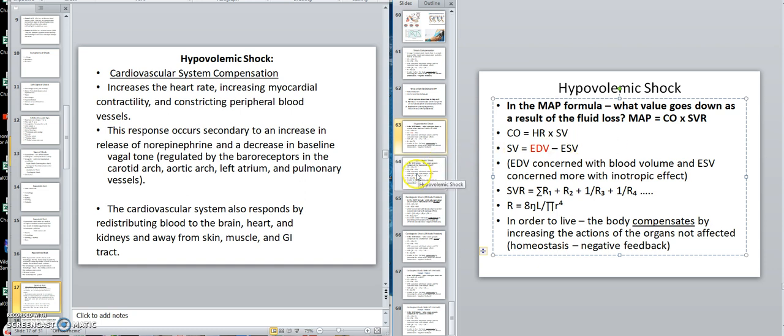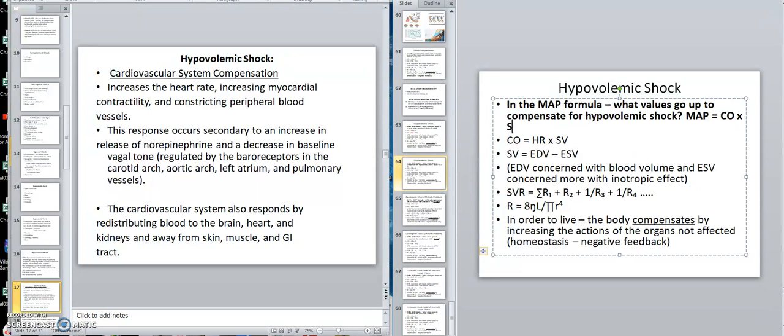Now we come here. Go to the next one. In the MAP formula, what values go up to compensate? Remember the MAP formula: MAP equals CO times SVR.